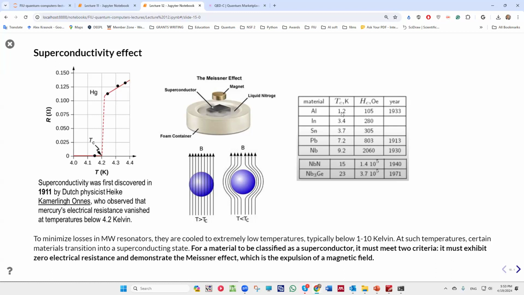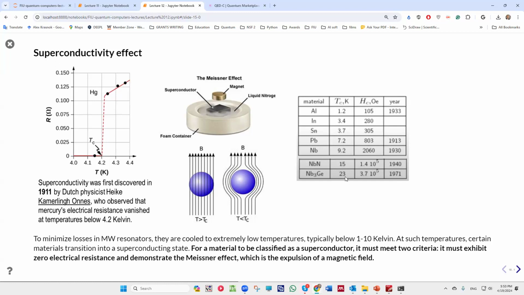For aluminum, it's around 1.2 kelvin under common pressure. Lead becomes a superconductor around 7.2. Niobium, a very popular material for this, is about 9 kelvin, and so on.